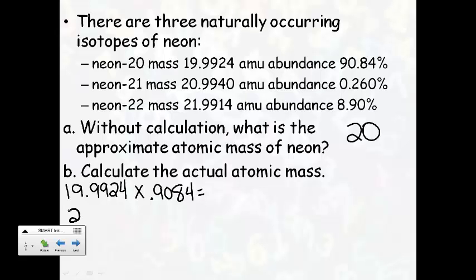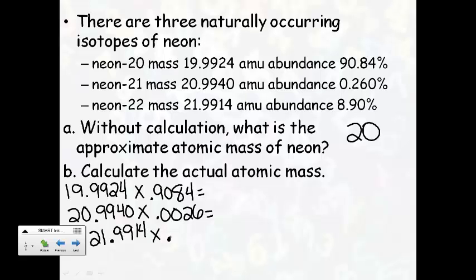All right, then the second isotope mass, and then we want to get the percentage into decimal form. All right, and then the third isotope, and we'll multiply that one by the percent abundance.